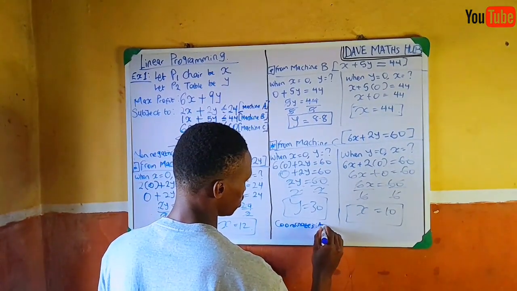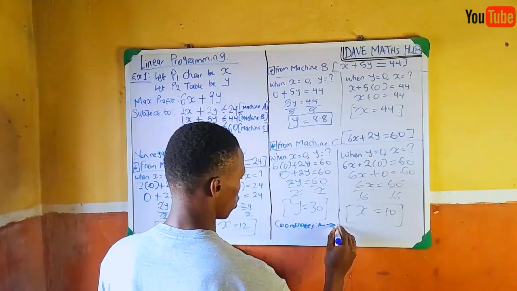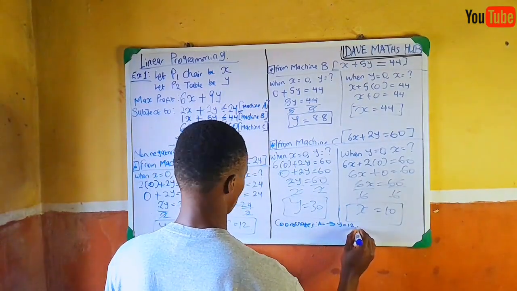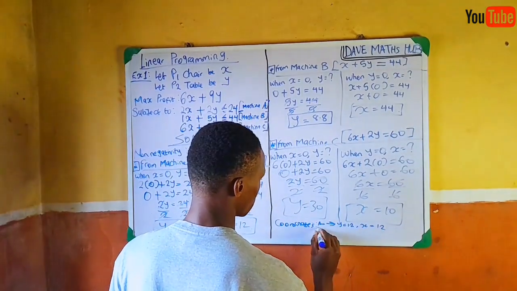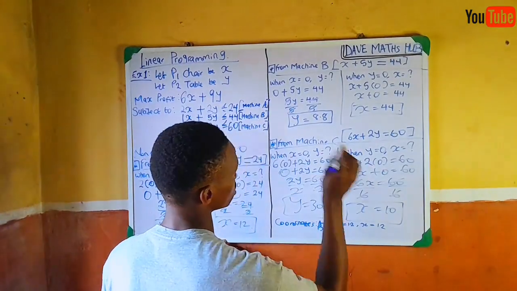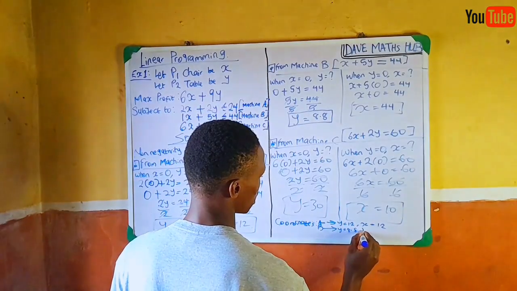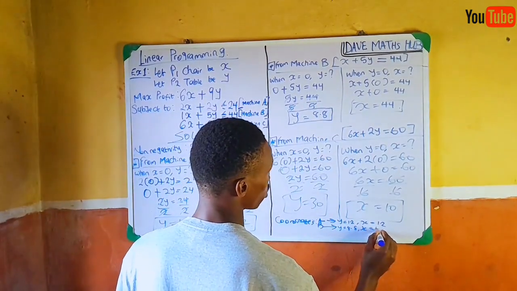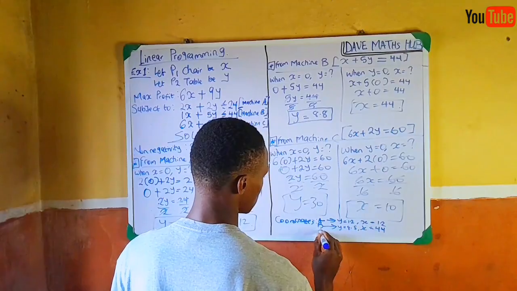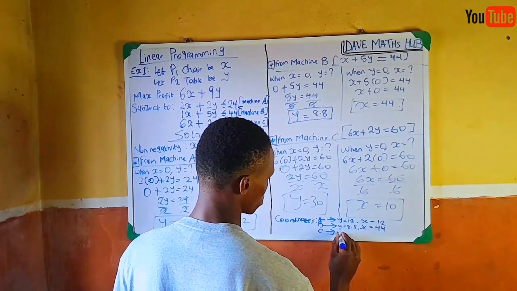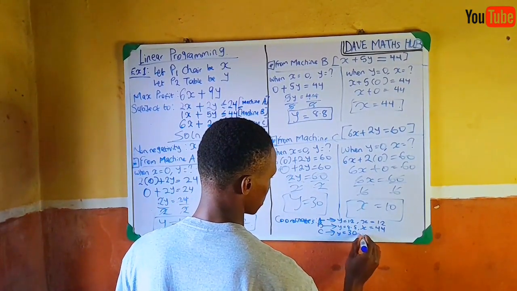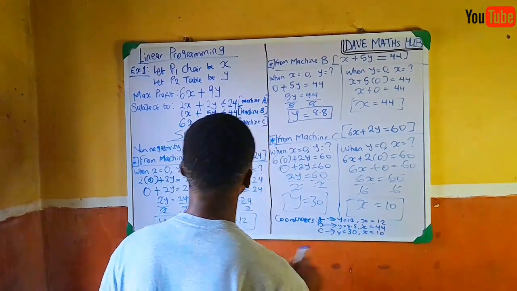From A, giving us y is equals to 12, x is equals to 12. B, giving us y is equals to 8.8, x is equals to 44. C, giving us y is equals to 30, x is equals to 10.